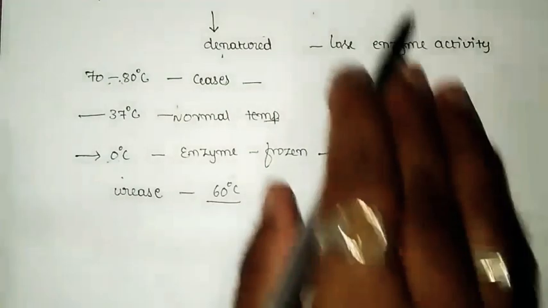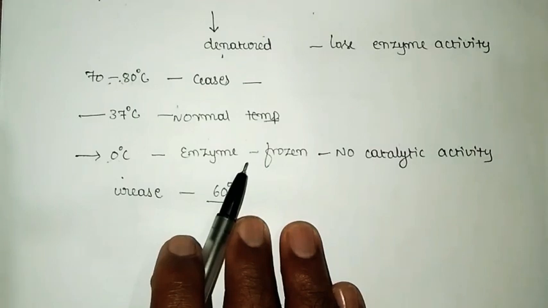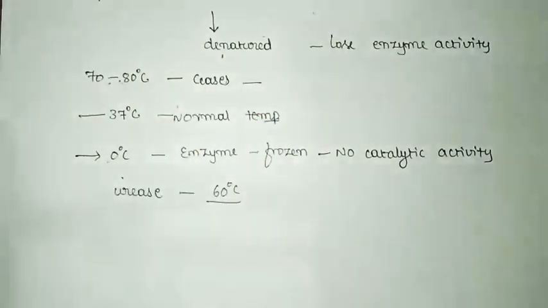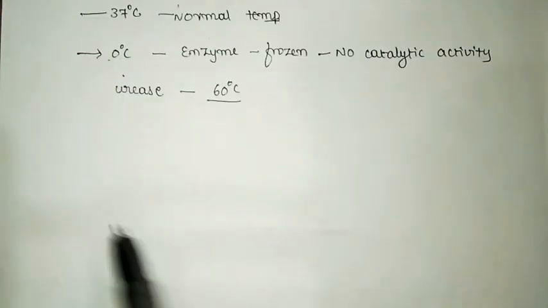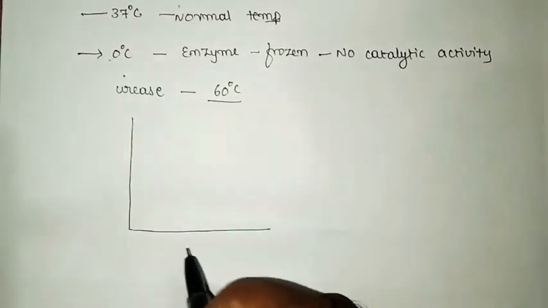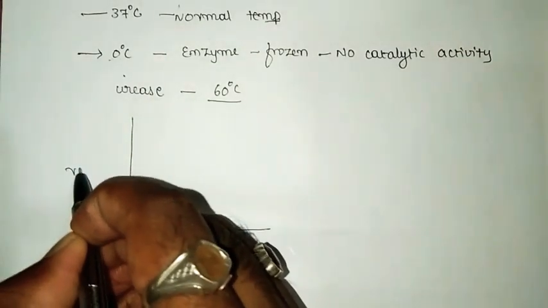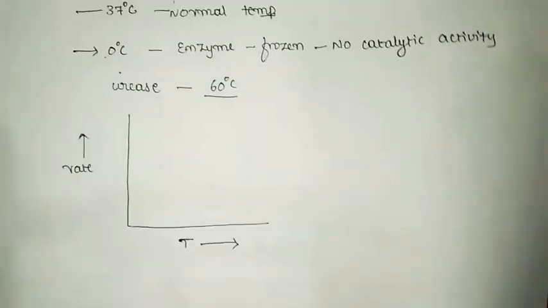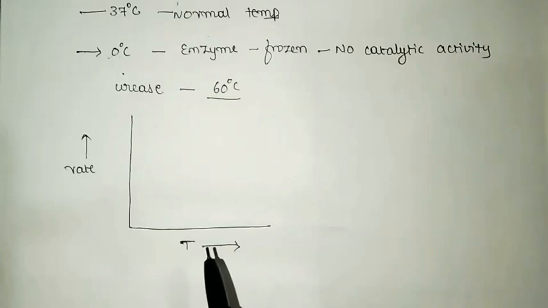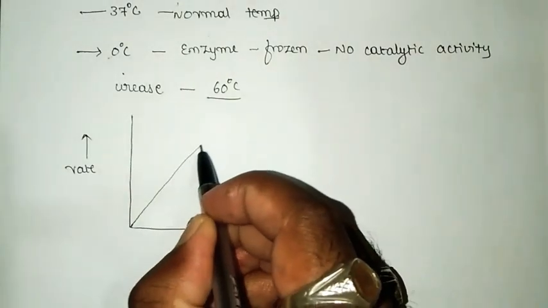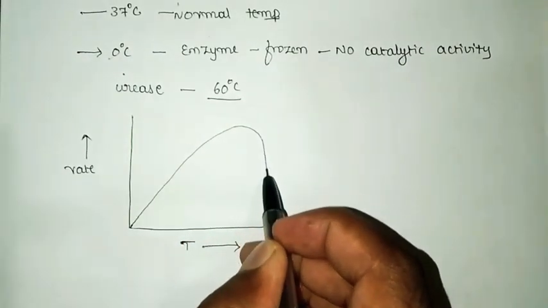And that is about how temperature influences the rate of an enzyme catalyzed reaction. That influence can be explained in a graphical trend by taking temperature along the x-axis and the rate of the reaction on the y-axis. Here you can observe the curve will appear like this.